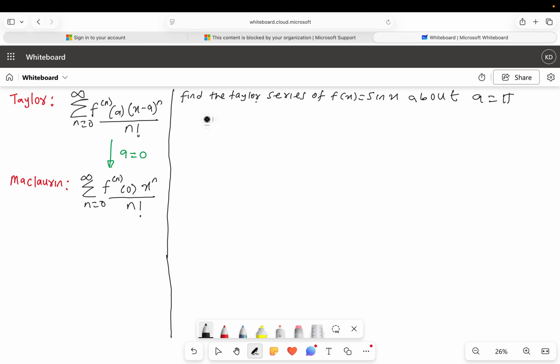The first example we are going to consider is finding the Taylor series of sin x about the point A is equal to pi.